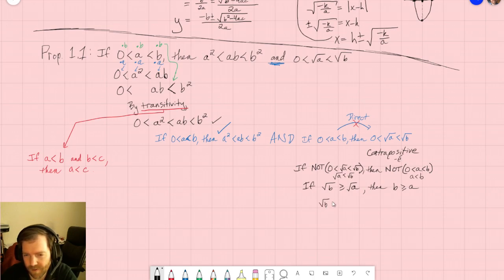So take square root of b greater than or equal to square root of a, and then take all parts and square them.